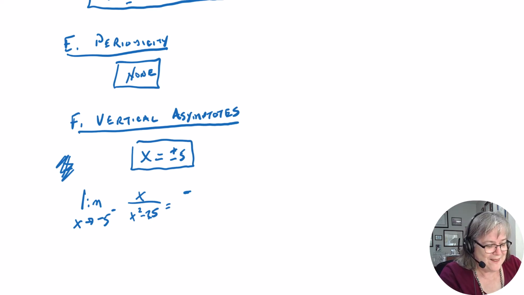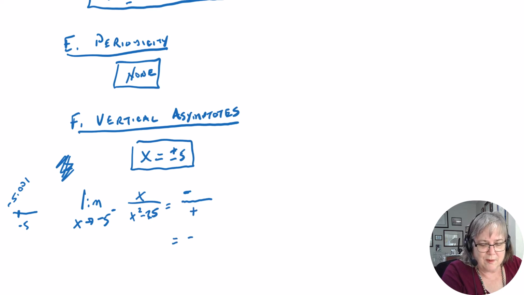Okay, so you're going to have a negative number in the top over, so you would have negative 5 from the left, right here, is something like negative 5.001. So negative 5.001 squared is slightly bigger than 25. So you're going to have a plus right here.